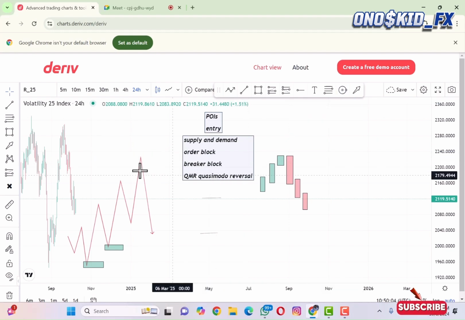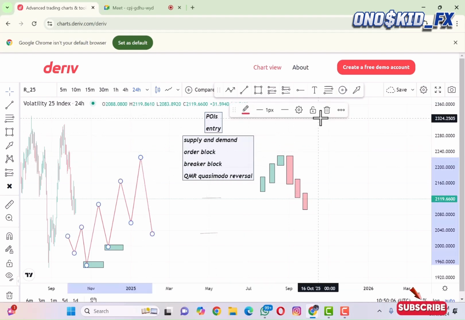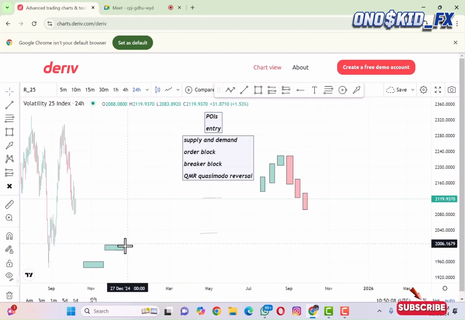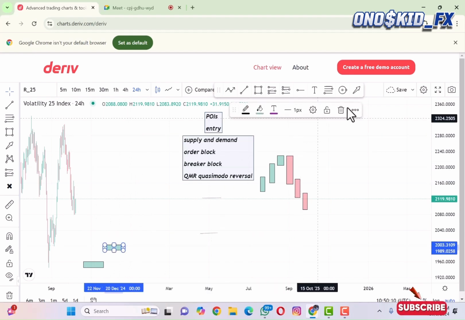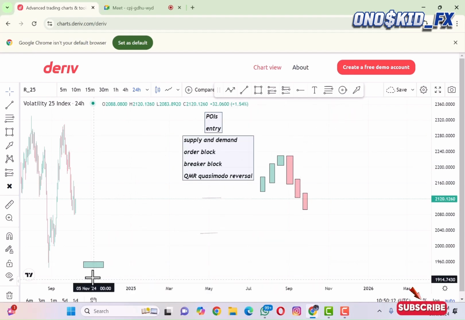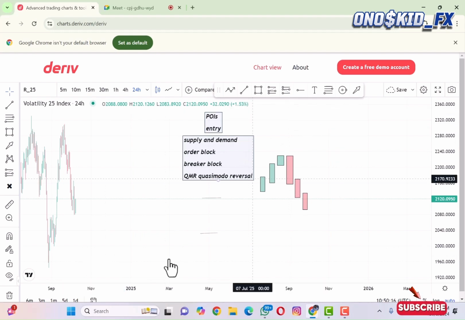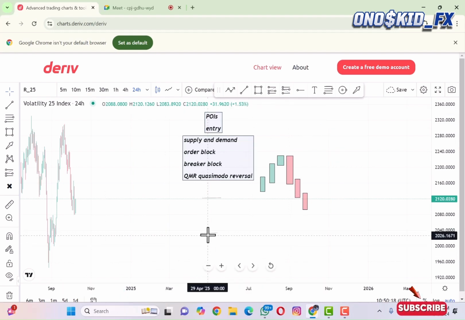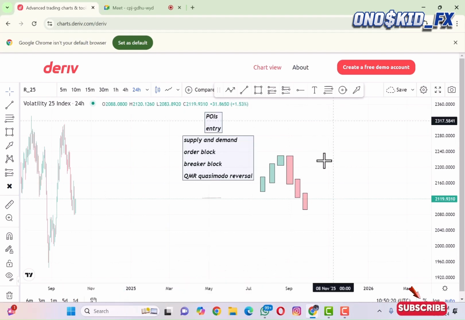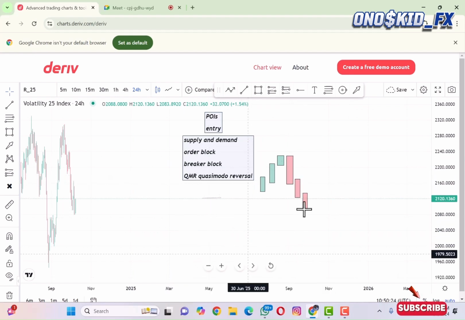We have also established that the names supply and demand are used interchangeably with support and resistance. So we are diving in to understand what an order block is. I said an order block can be identified either as a bullish order block or as a bearish order block. I have drawn these candles here just to explain what a bearish order block is.